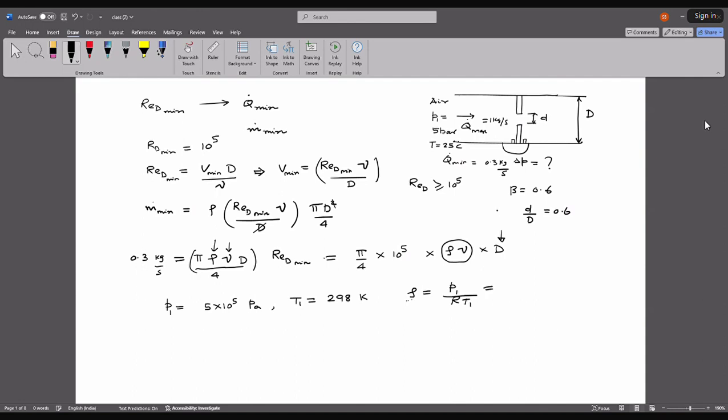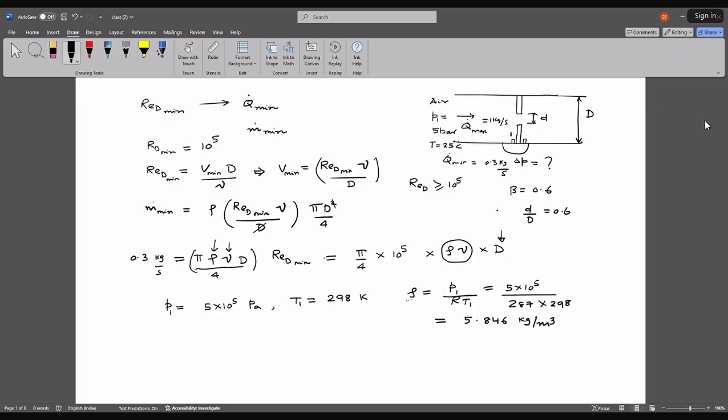So 1 refers to the upstream pressure tap, and that is where the flow is coming from. So pressure is 5 into 10 to the power 5. The gas constant of air is 287, and 298 is the temperature. So if you do the calculation, you get this as 5.846 kg per meter cube.